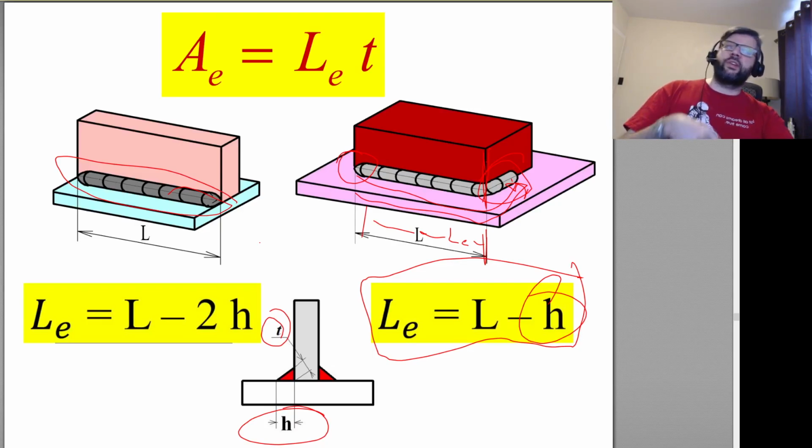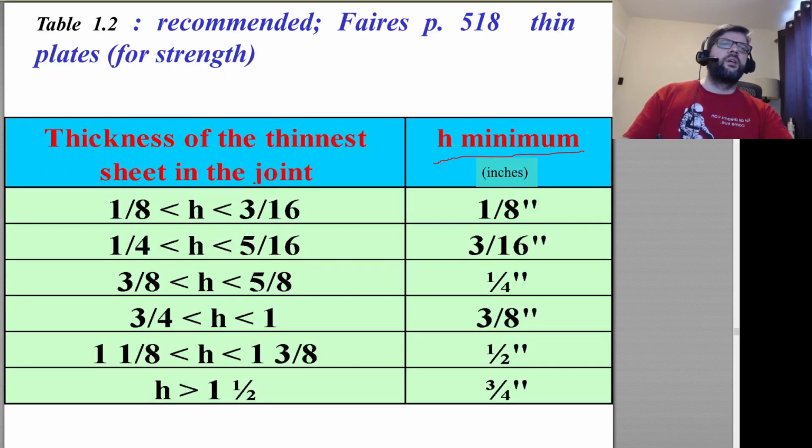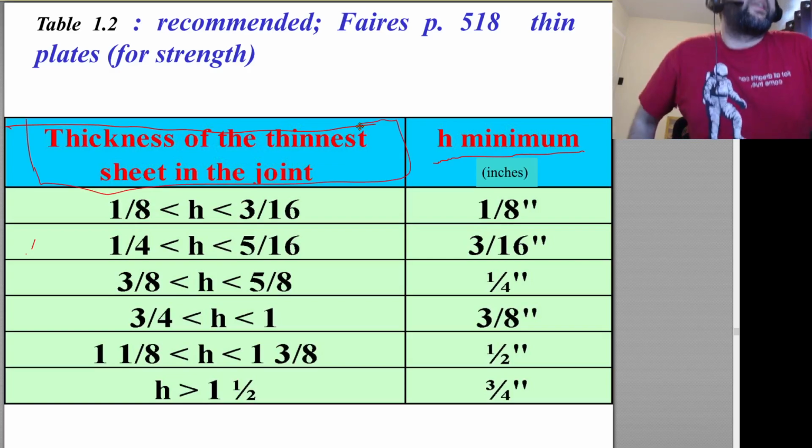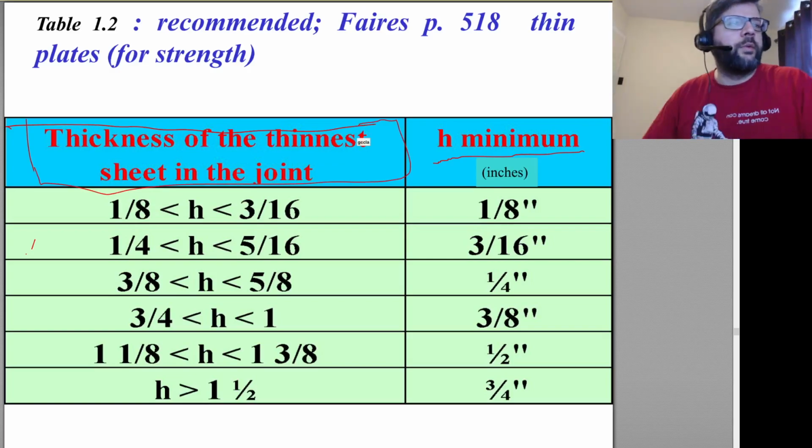We do our stress calculations based upon the T. So the thickness of the thinnest sheet in the joint will give you a minimum size of the weld that you should probably be using.